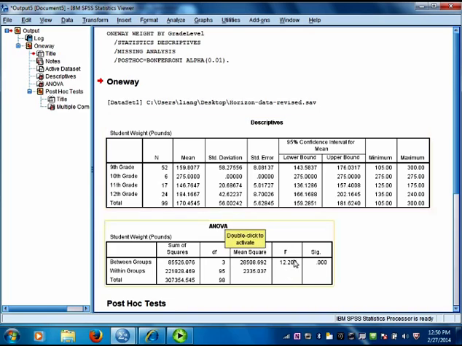And if this F ratio is large, that means the p-value, the probability of type 1 error, is going to be small. So in this case, the p-value, the probability of type 1 error, is 0.0000. Well, we can say the p-value is less than 0.001. We don't usually say p-value equals 0.001.